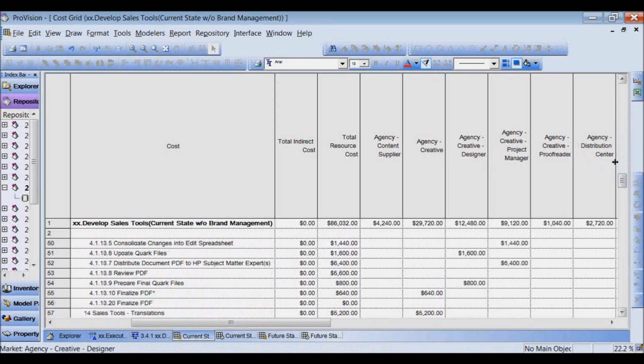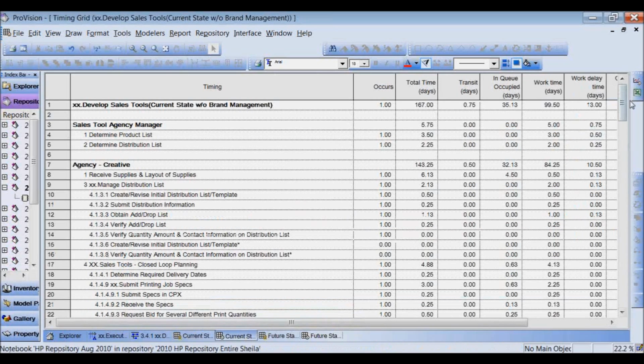Okay, so now you can also see what the timing costs. So the same process costs the company 167 days in duration.